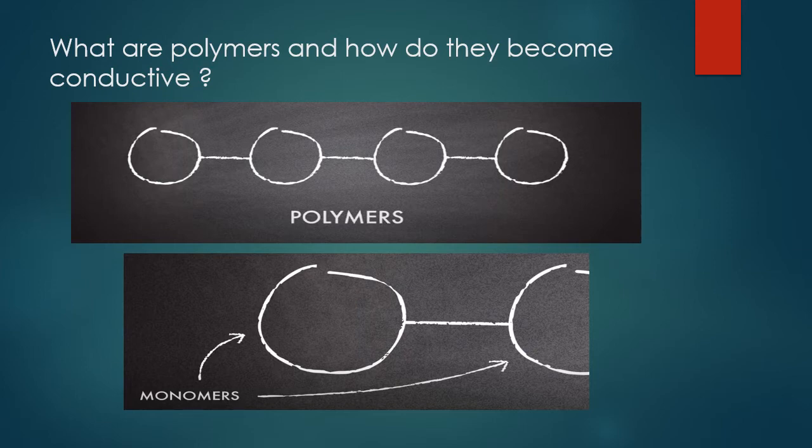Now, before I talk about the polymers and how they become conductive, let's explain first what polymers are and how they are synthesized. As you can see in these two pictures here, polymers are long chains made of small repeating units known as monomers.